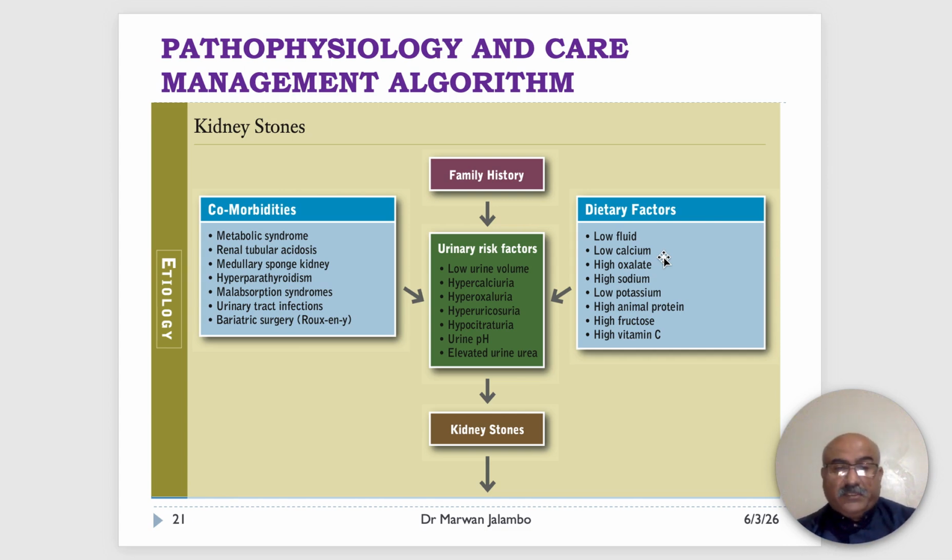Risks include not drinking enough fluid, low fluid means too little urine, too little calcium or potassium, too much oxalate found in spinach and nuts, too much sodium, the salt, too much animal protein, meat, too much fructose, sugar, or too much vitamin C.